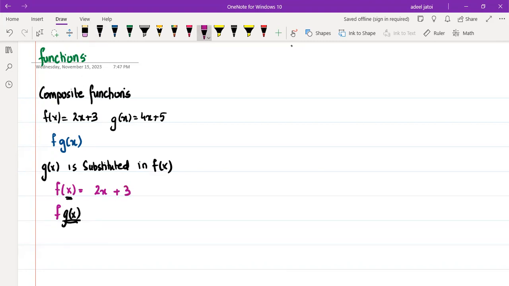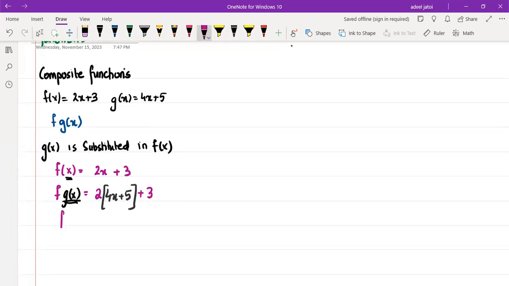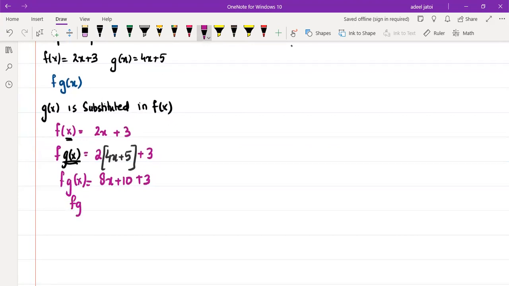So we are going to substitute the g(x) function, which is 4x plus 5, in the place of x, and then solve. So your f(g(x)) will be 8x plus 10 plus 3. So f(g(x)) is equal to 8x plus 13.